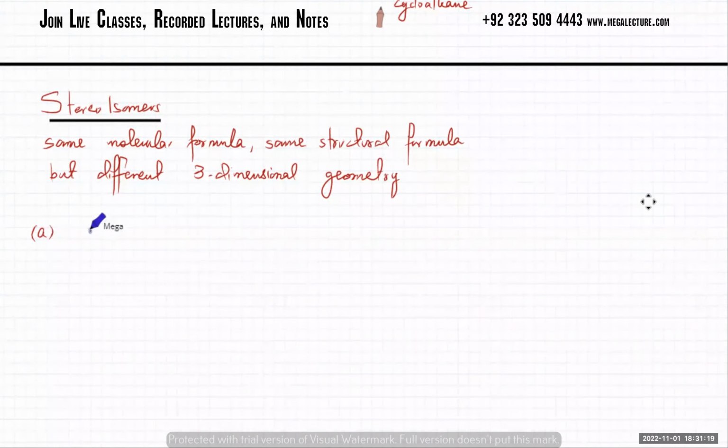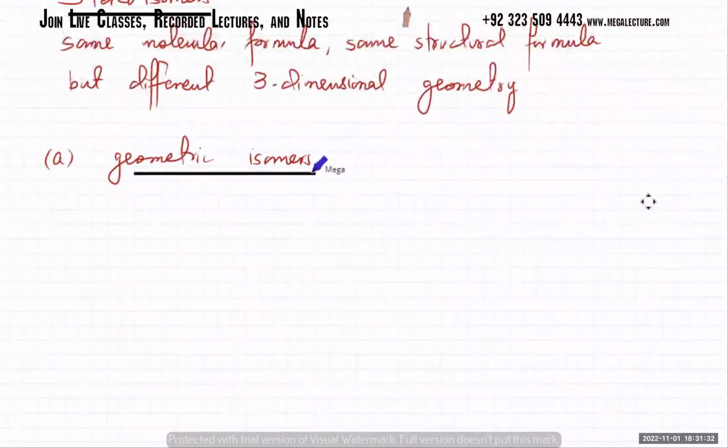Actually, we did geometric isomers in transition metals as well. Now geometric में क्या होता था कि you need a double bond, that's the first thing.